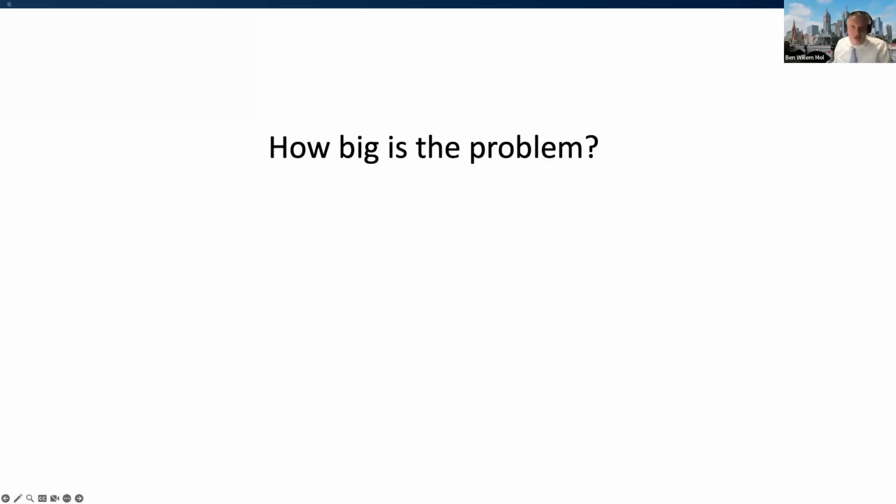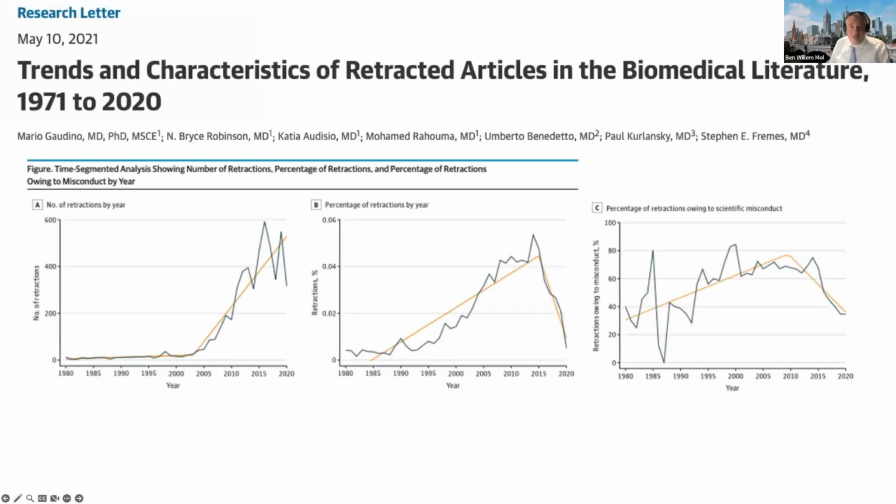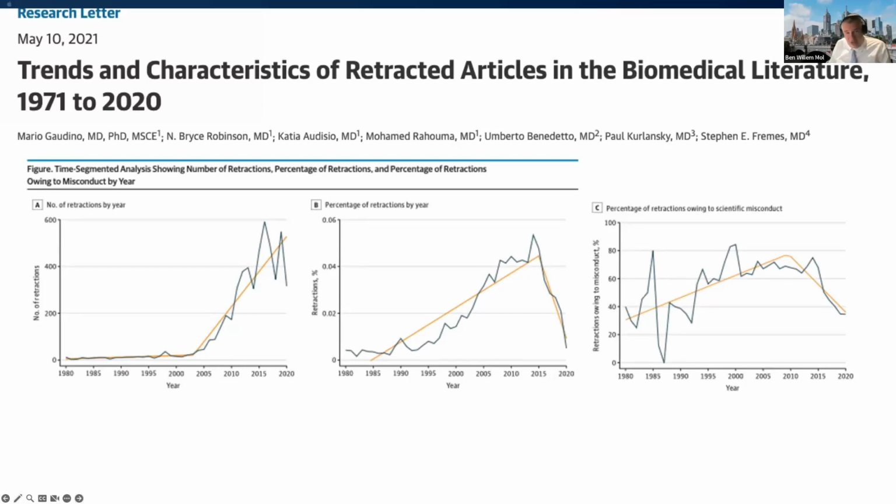So the important question is, how big is this problem? What you can do is look at retractions. Retraction Watch is a fantastic website where all papers with retractions and expressions of concern are exposed. But the problem is that the process of retraction is very slow and very time intensive.